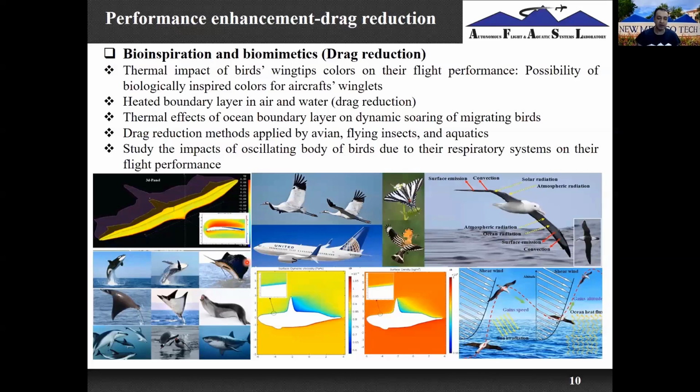And the black color is increasing the temperature of the wingtips. So it reduces the drag. This is the main reason that we are thinking that these birds possibly select black color at the wingtips. And then we can get inspiration for the winglet of the airplane.